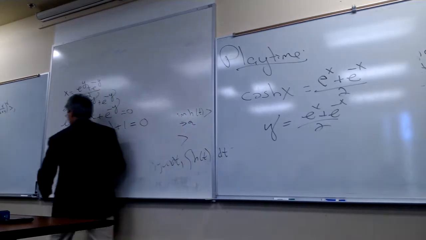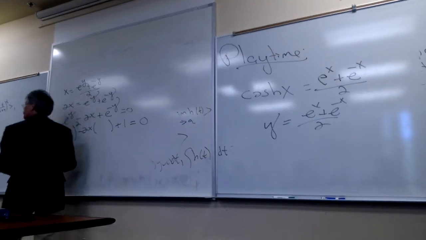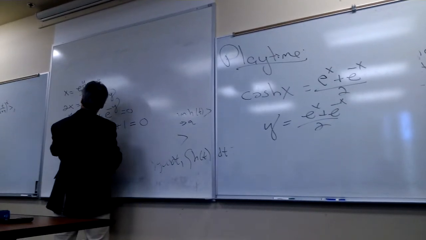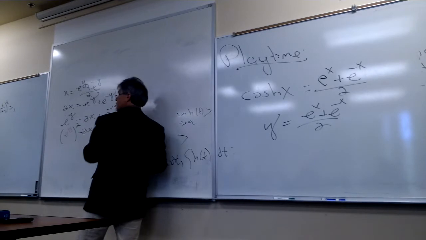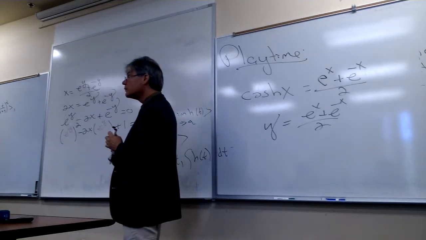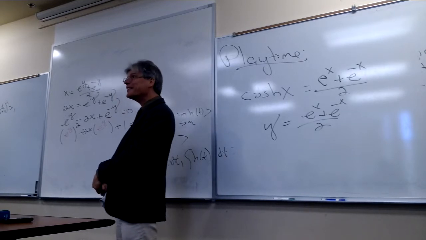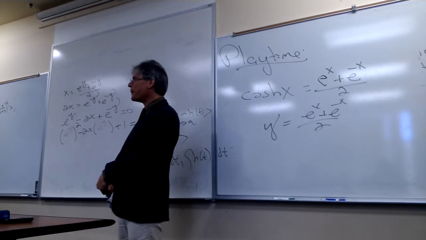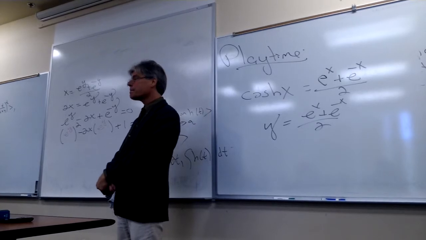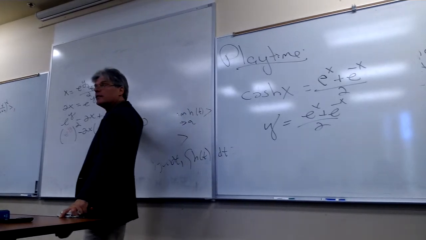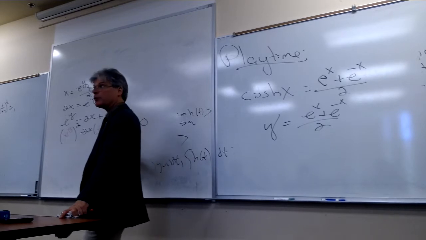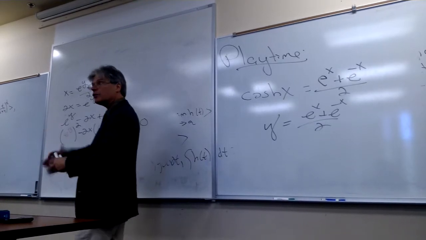I maintain that what's sitting in front of me is merely quadratic in the red beast. Would you guys agree? Yes. And then all you do is take 1 over e to the y. So multiply both sides by e to the y, that's where I get this, and then I will use the quadratic formula.